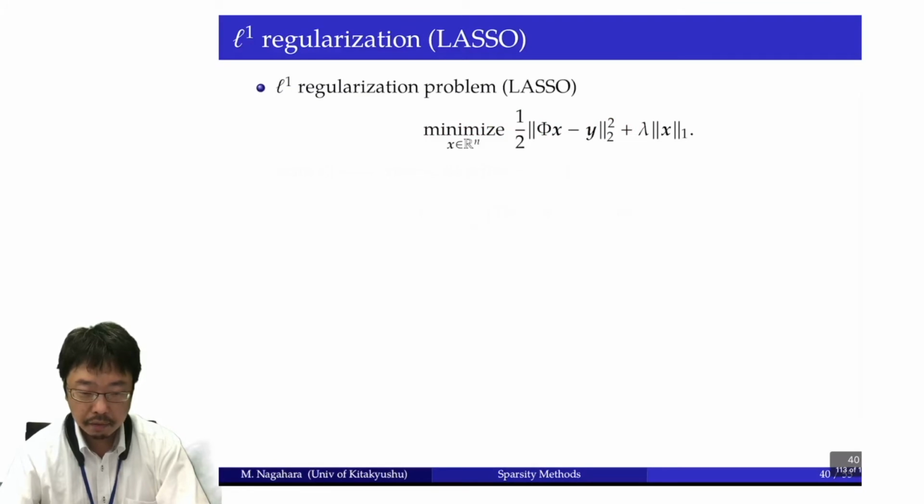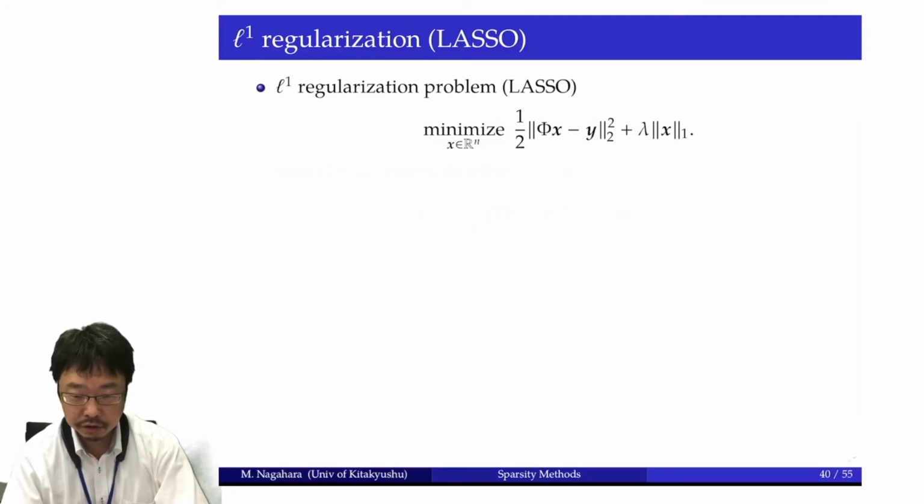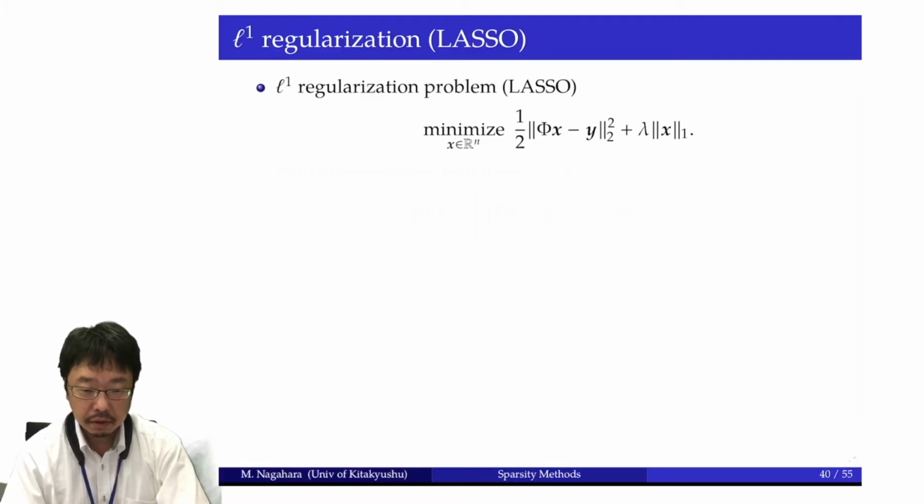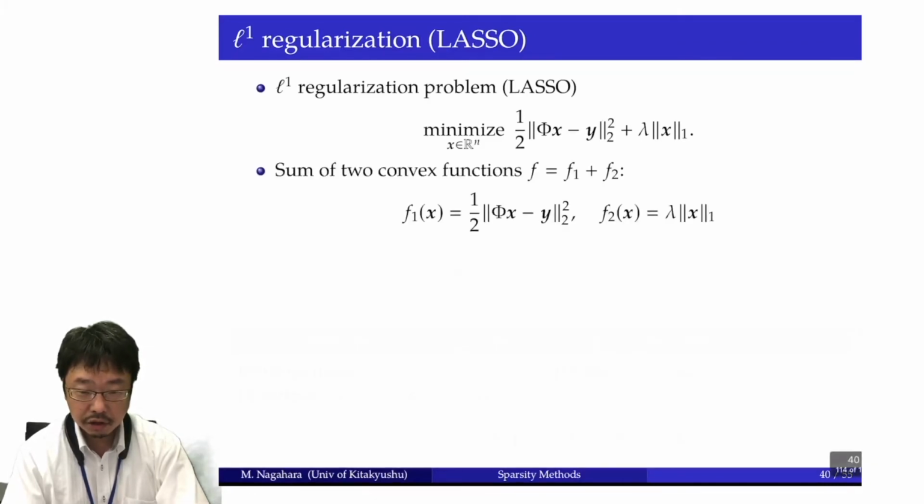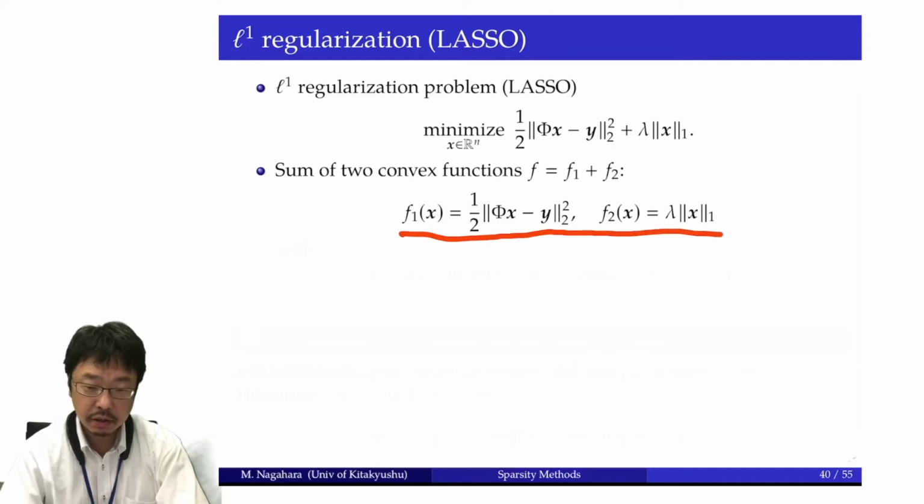Now let's apply the proximal gradient algorithm to our L1 regularization or LASSO. The problem is this. In this problem, the cost function is the sum of two convex functions f1 and f2, which are defined by this.